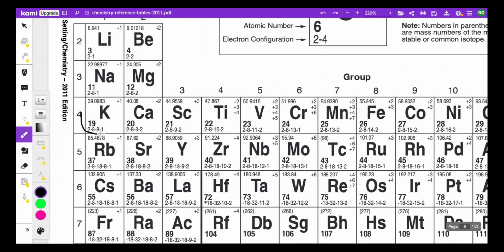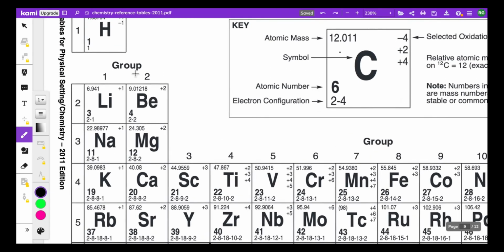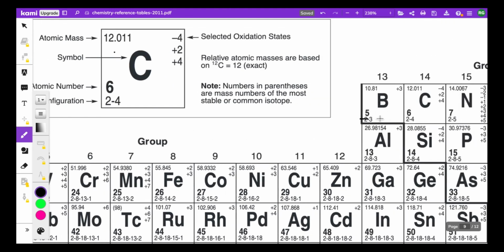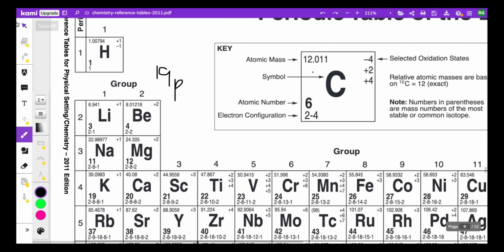This 19 tells us that a potassium atom has 19 protons. The atomic number, these bolded numbers, tell you the number of protons in the element. For example, element 1 has 1 proton, element 3 has 3 protons, beryllium, element 4, has 4 protons, and so on.